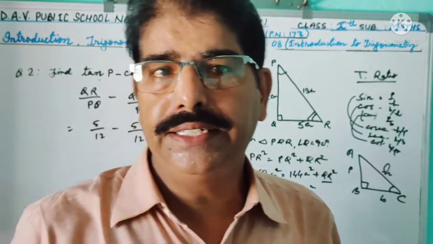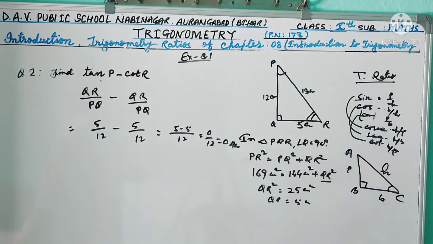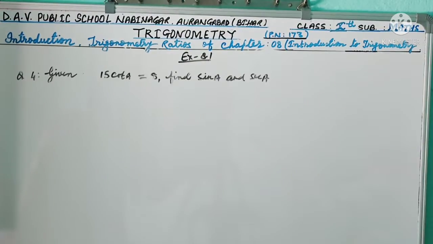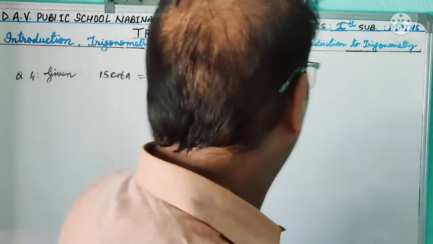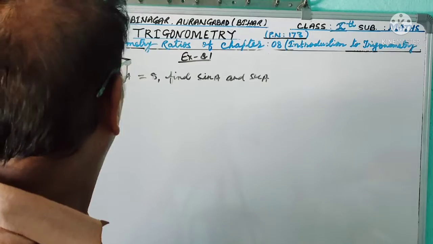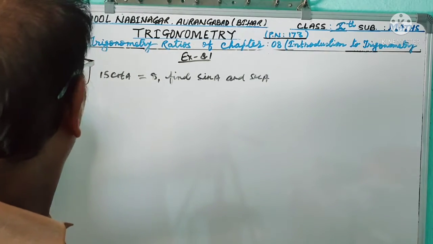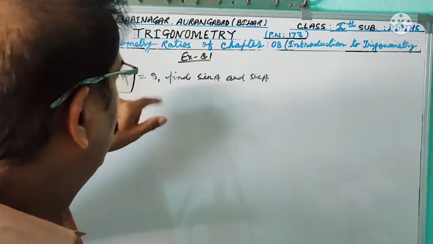And next question is, dear students, question number 3 and 4 same way. So see question number 4. 15 cot A equal to 8.